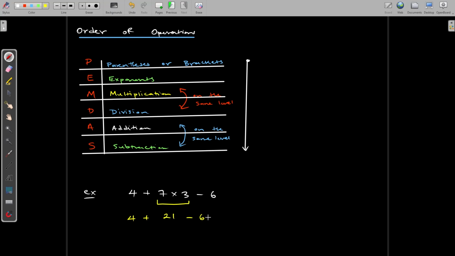So we can say 21 subtract 6 if we want, and then we add the 4. We can say 4 plus 21 if we want, and then we subtract the 6. Either way, we're going to get the same answer, whichever one we take first, because both of these are on the same level, addition and subtraction. So this is 4 plus 21, 25 minus 6, and that's 19.